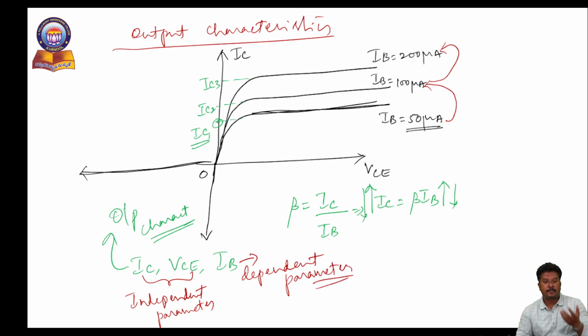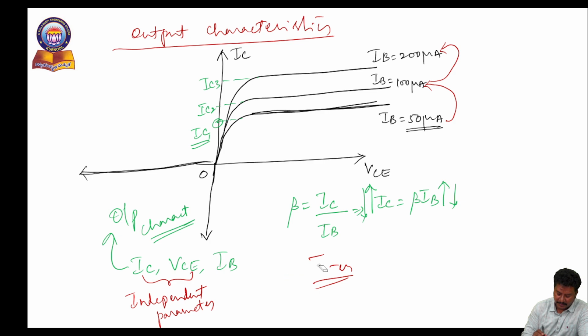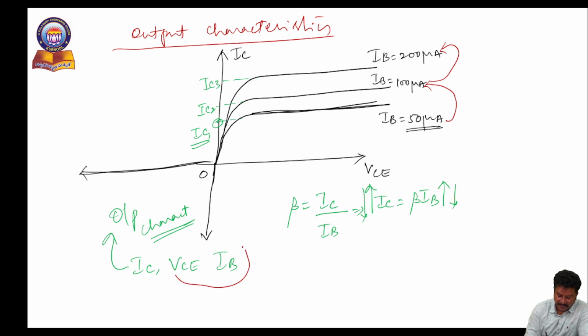So from the output characteristics, we are concluding that IB is depending upon the input current. Sorry, a little bit modification here. It is completely opposite I am coming across, where VCE and IB are independent parameters.